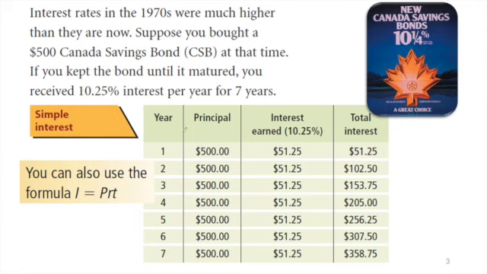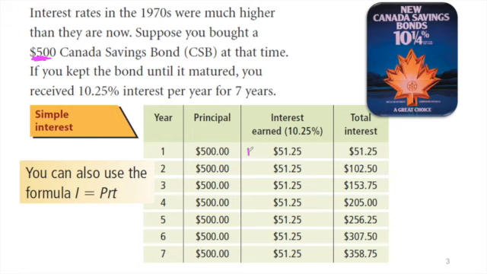Okay, so let's look at how much money you make per year. So here's year 1 to year 7. Your principal is $500 because that's the amount that you bought. So you're going to take $500. You're going to calculate what 10.25% of 500 is, and it's $51.25.